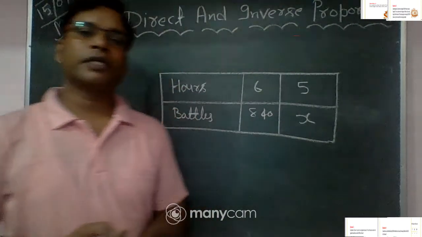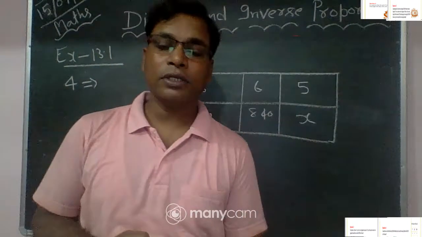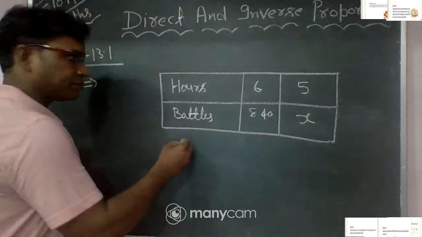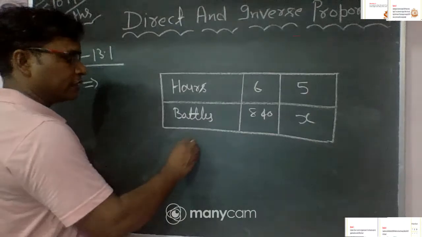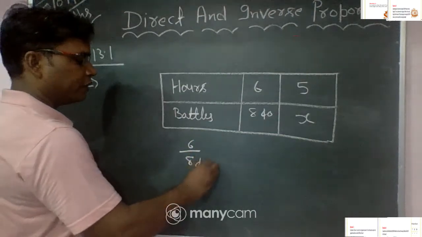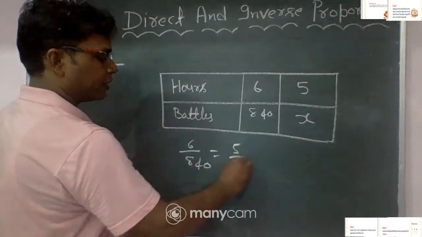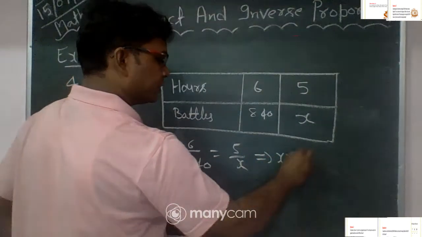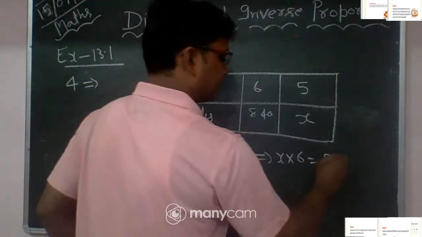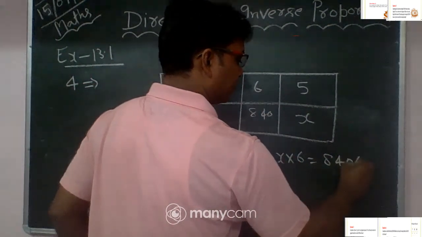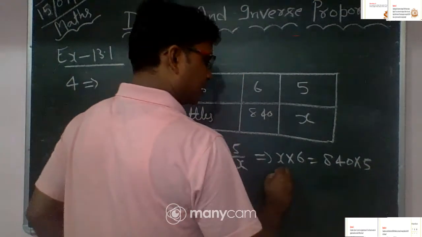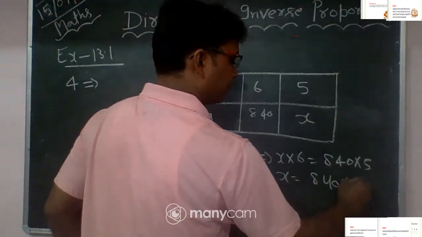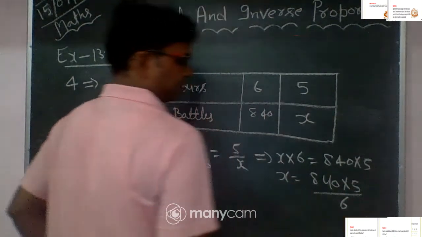Okay, this is a case of direct proportion. So in direct proportion, ratios are equal. So you can write here 6 by 840 is equal to 5 by x. Or you can write x into 6 is equal to 840 into 5, or x is equal to 840 into 5 by 6.